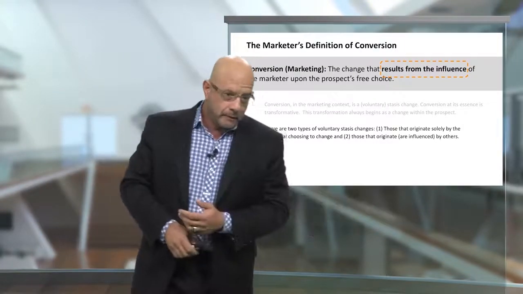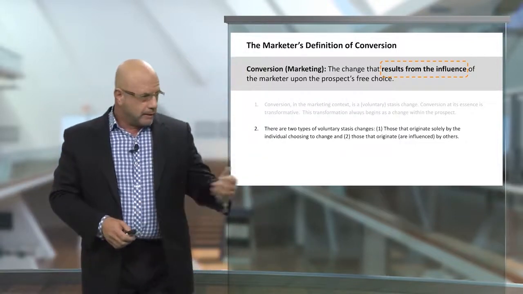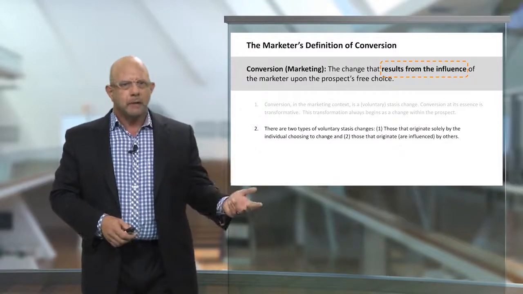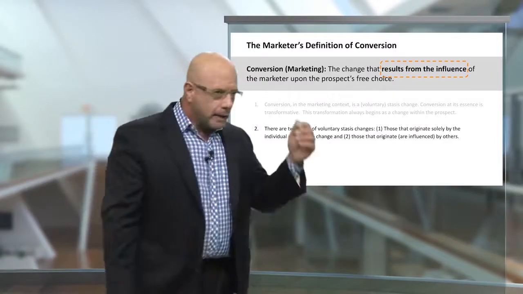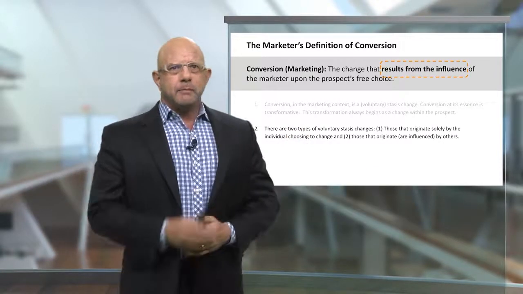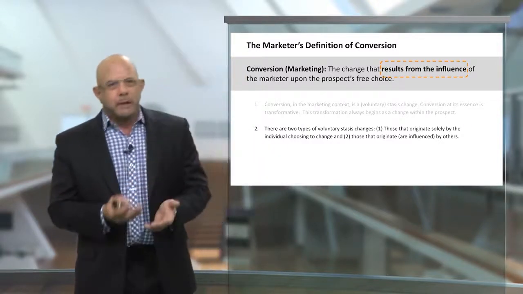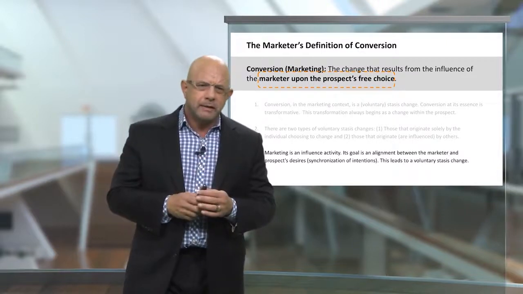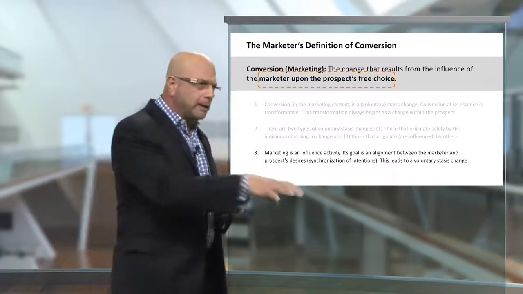This becomes a move that, in simple terms, means they weren't a subscriber, and now they are. They weren't part of our community, and now they are part of our community. And this has multiple impacts and implications. It's also important as we think about this that we recognize that all of marketing is an influencing activity.